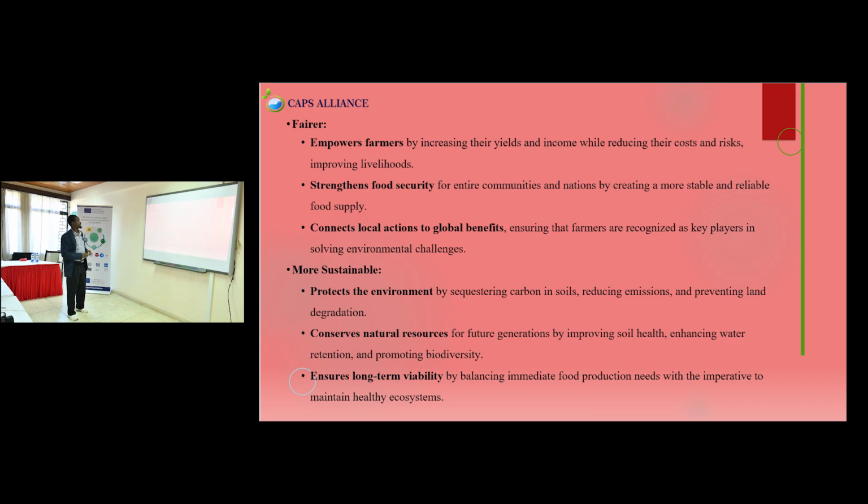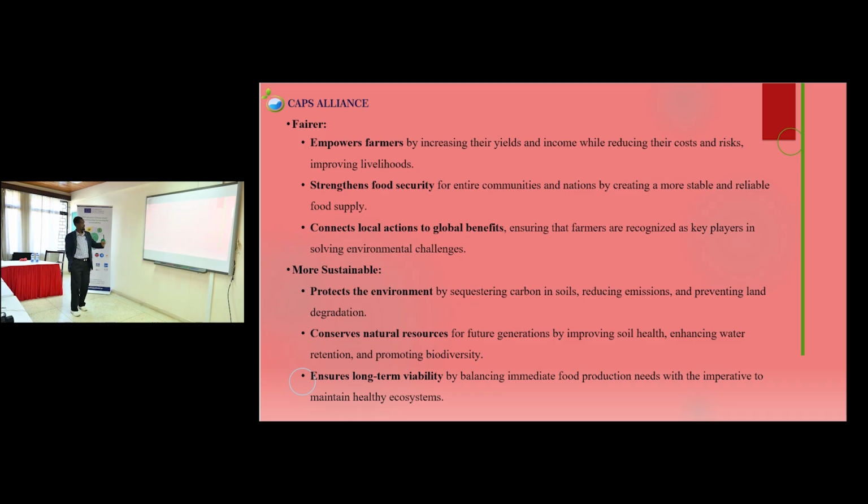Now here we have fairer systems that empower farmers by increasing their yields and income, which is okay. It strengthens food security and connects local actions. These are things that we have discussed, whether directly or indirectly.